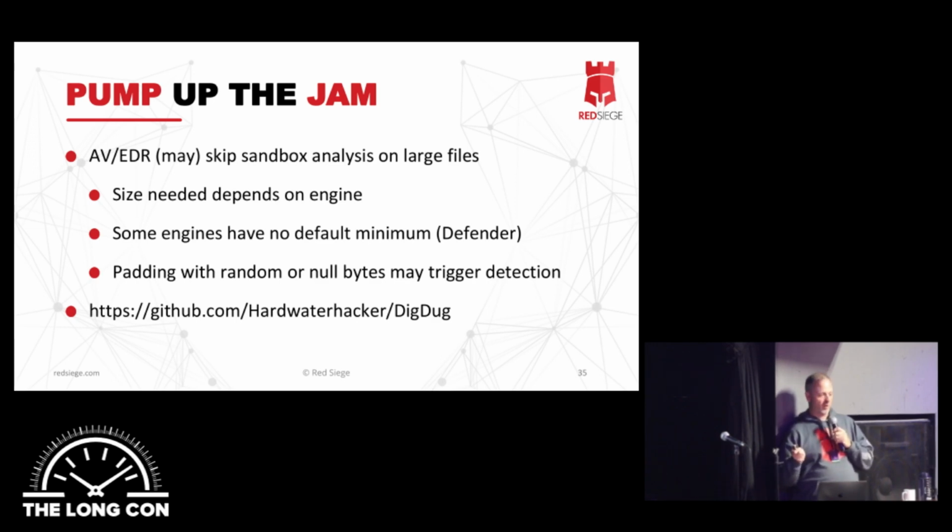What is that program called? Is it Scarecrow? I don't think it's Scarecrow. He's got a program that can be used to inflate executables, but it pads with random data. We've introduced entropy into something that's already high in entropy because the shellcode is encoded or encrypted.